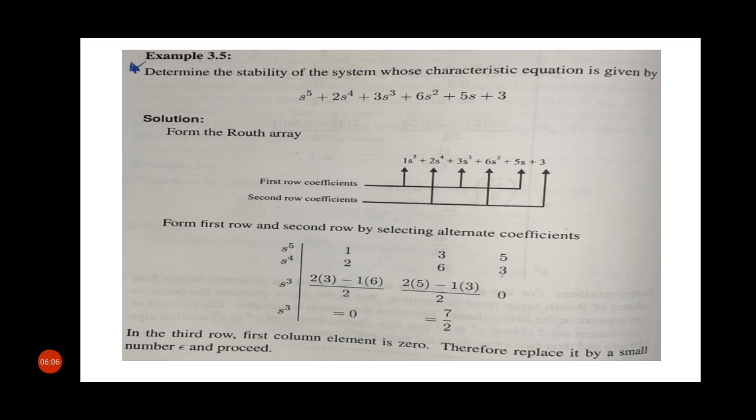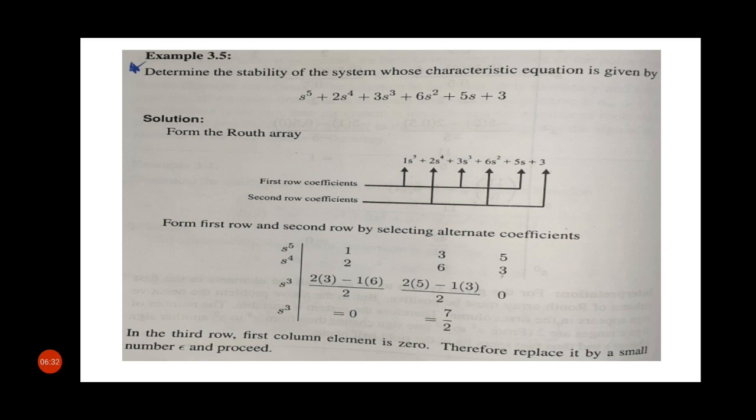From this characteristic equation we form the Routh array. Here I have mentioned the first row coefficients and the second row coefficients. After finding these, from the first and second rows we form the remaining rows, in this way.